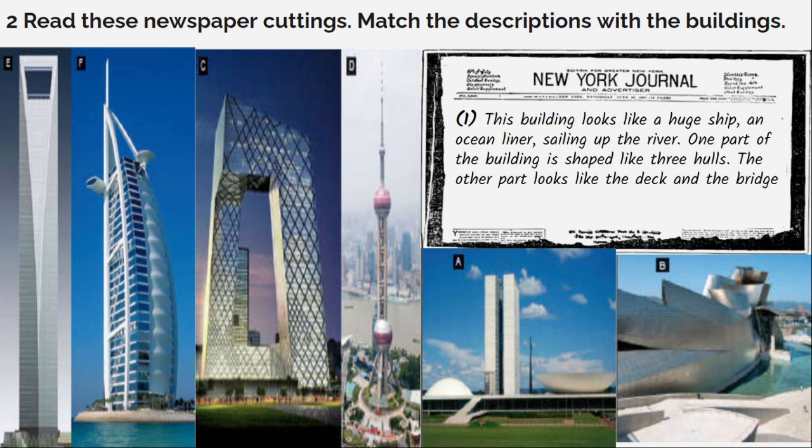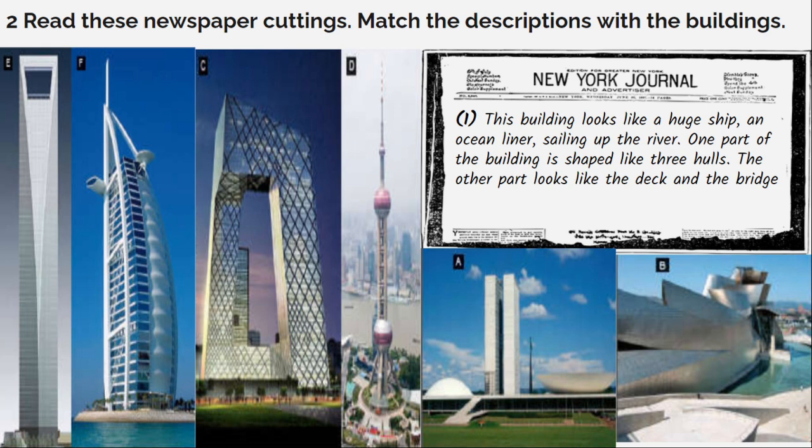Number 1. This building looks like a huge ship, a big ship, an ocean liner sailing up the river. One part of the building is shaped like 3 hulls.